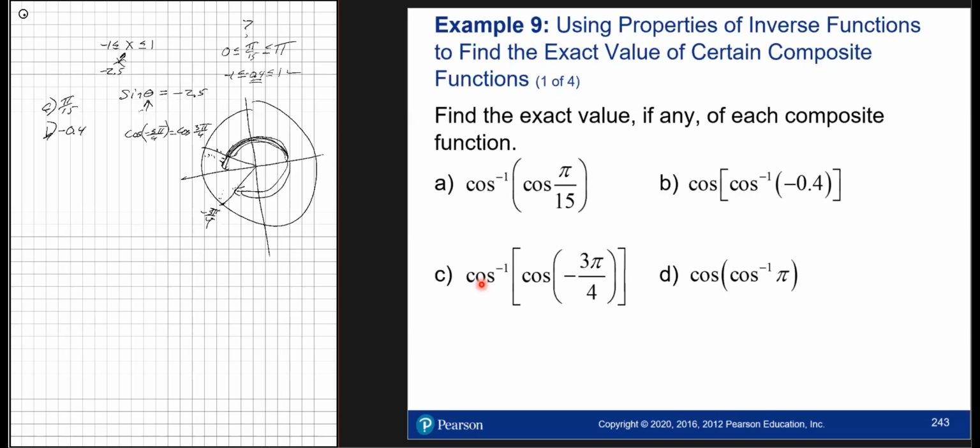A equals B if and only if B equals A. Like 3 plus 5 equals 8, and 8 equals 3 plus 5. You're just switching the sides of the equal sign. Okay, enough of that.